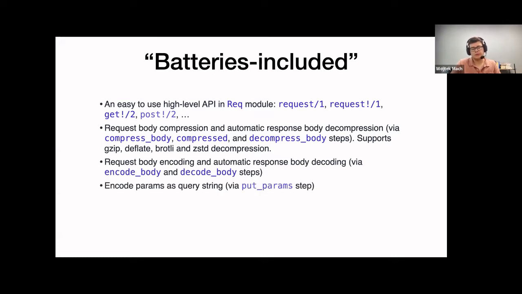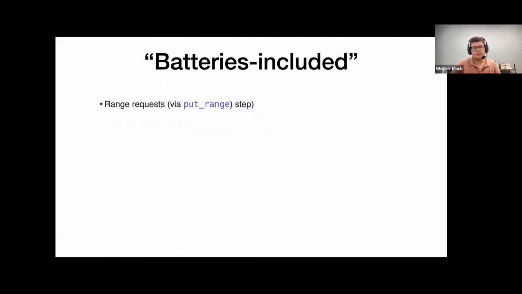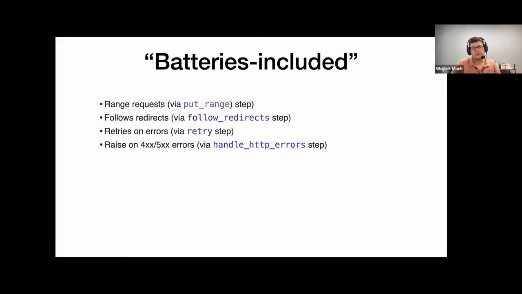It's very easy to encode parameters as query strings. There's support for authentication, including the .netrc file, which is commonly used in scripts. It's very easy to make range requests, follow redirects, retry on errors, raise on errors. We're going to talk about that a little bit later.